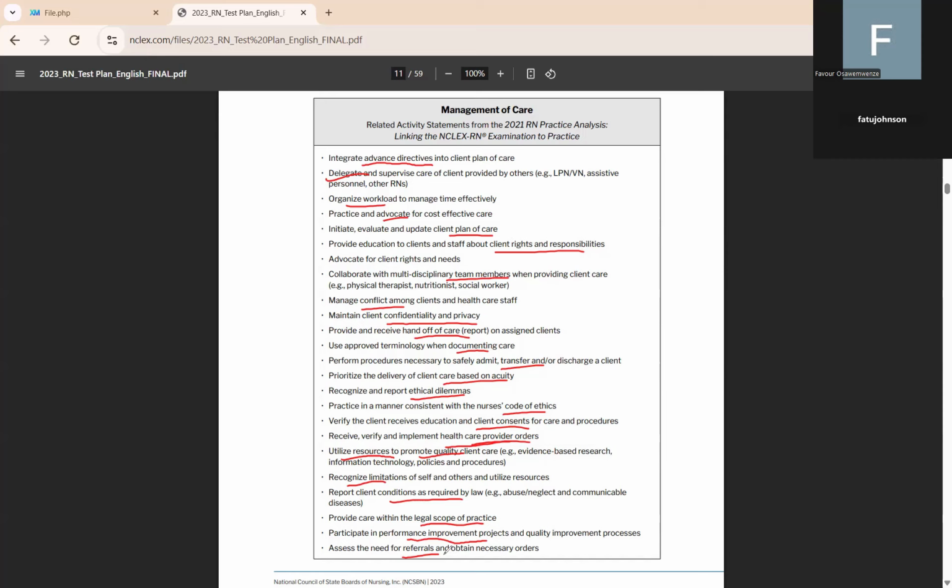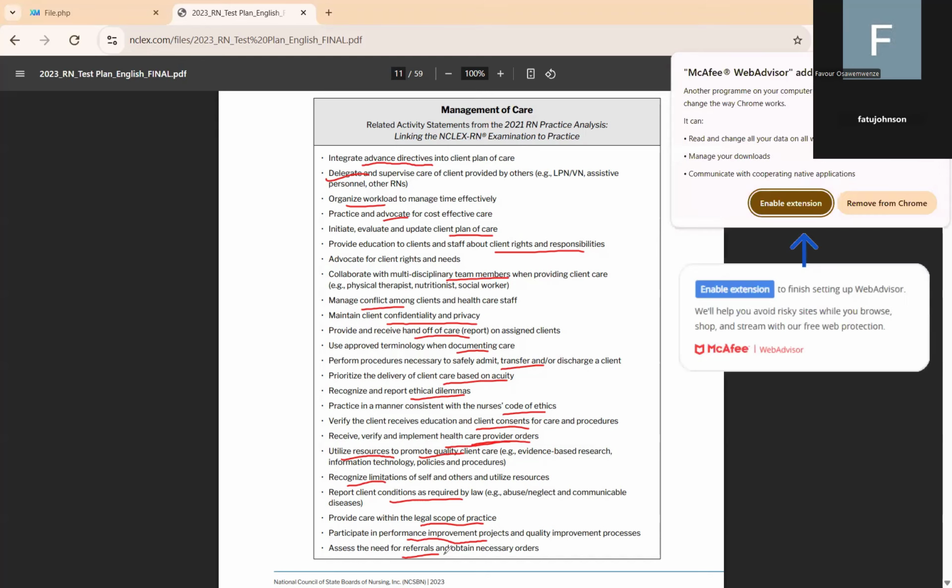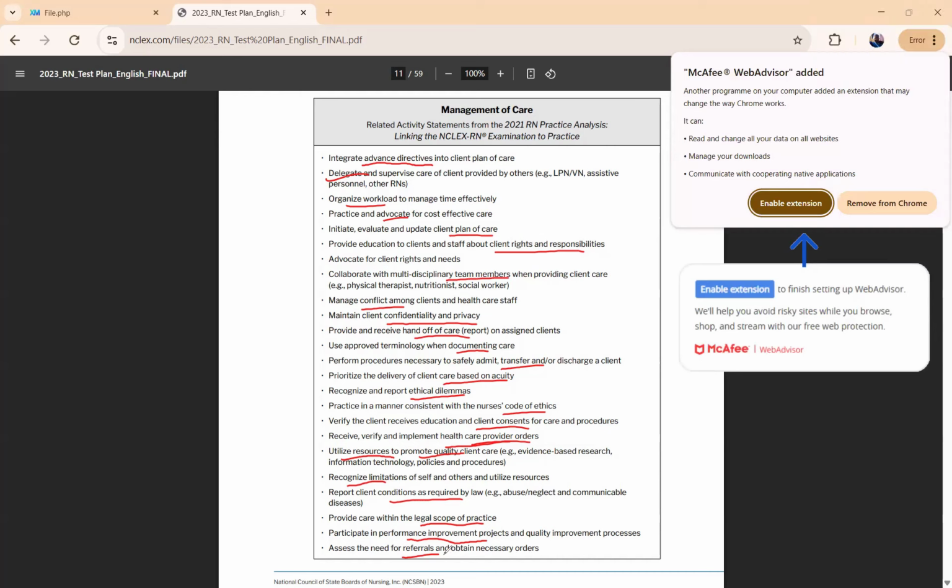Now, NCLEX might test you on who is going to be benefiting from advanced directive. It can ask which of the following patients will benefit from advanced directive.